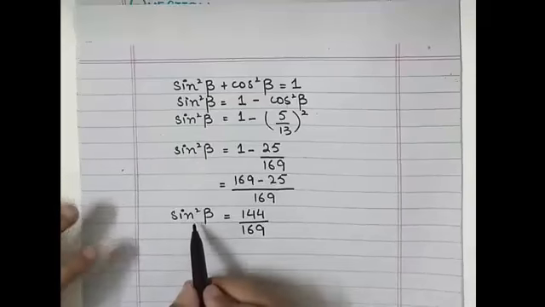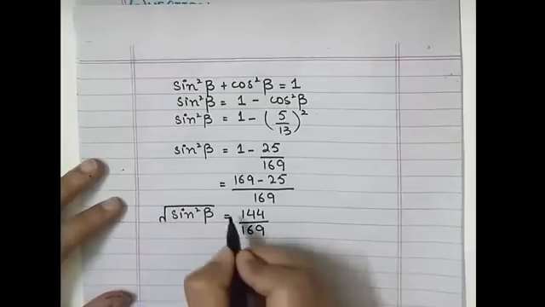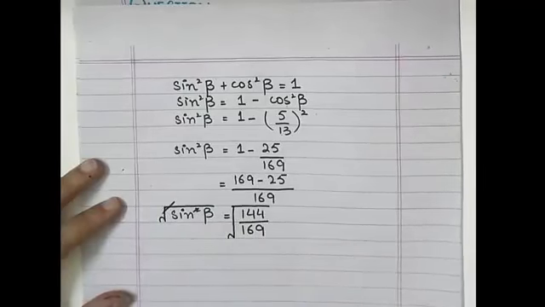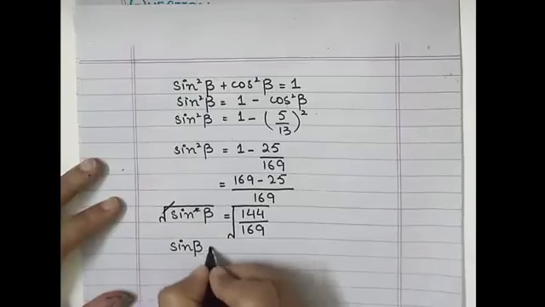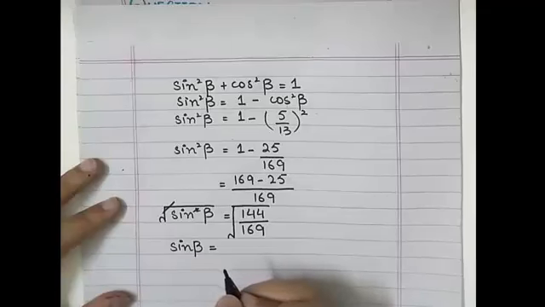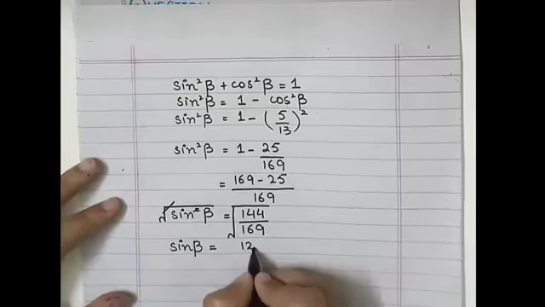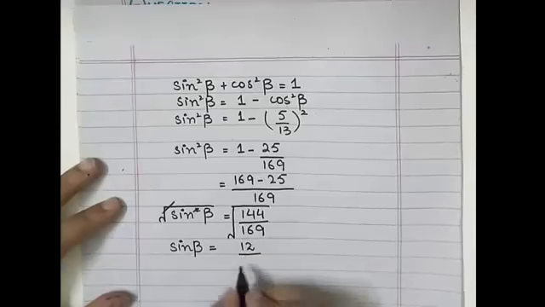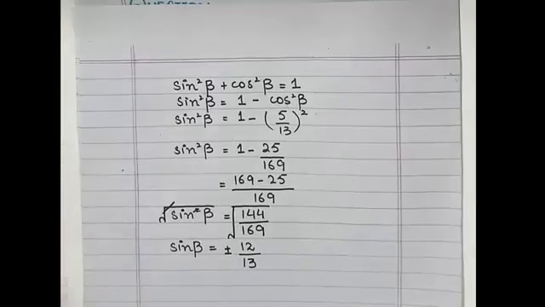Now we want the value for sin beta only. So taking square root on both sides, this will cancel out and we have sin beta, which is equal to, the square root of 144 is 12 and the square root of 169 is 13, plus minus.